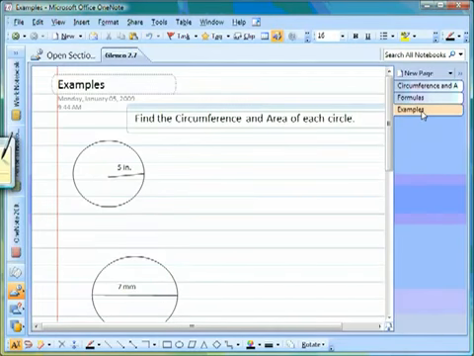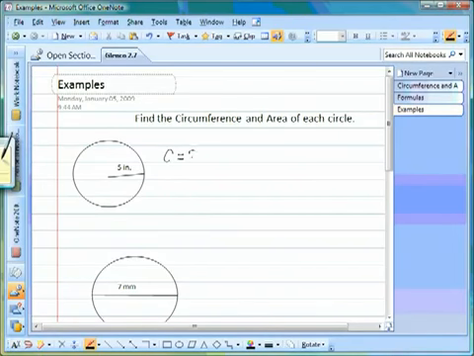Here's the examples we're going to go through. For all of these circles, we want to find their circumference and the area. So the first thing we have to know is the formula for circumference. The formula for circumference is C equals 2 pi times radius, just as we had on our last page. We need to fill in values. So C equals 2.